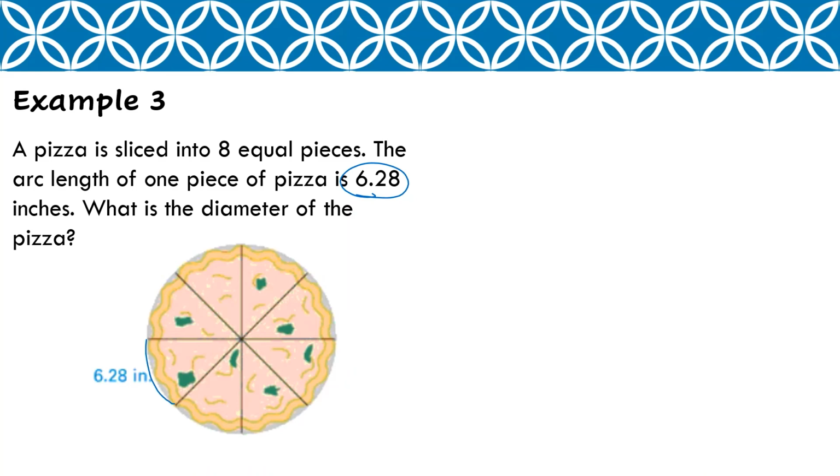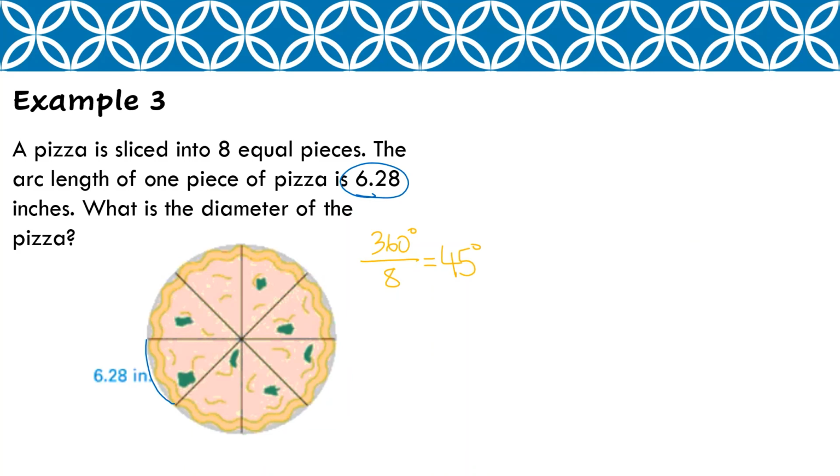This is the arc length we're talking about, and we are told 8 equal pieces. So if I take the entire circle, 360 degrees, and divide by 8, we are talking about a 45-degree central angle, or a 45-degree measure of the arc.